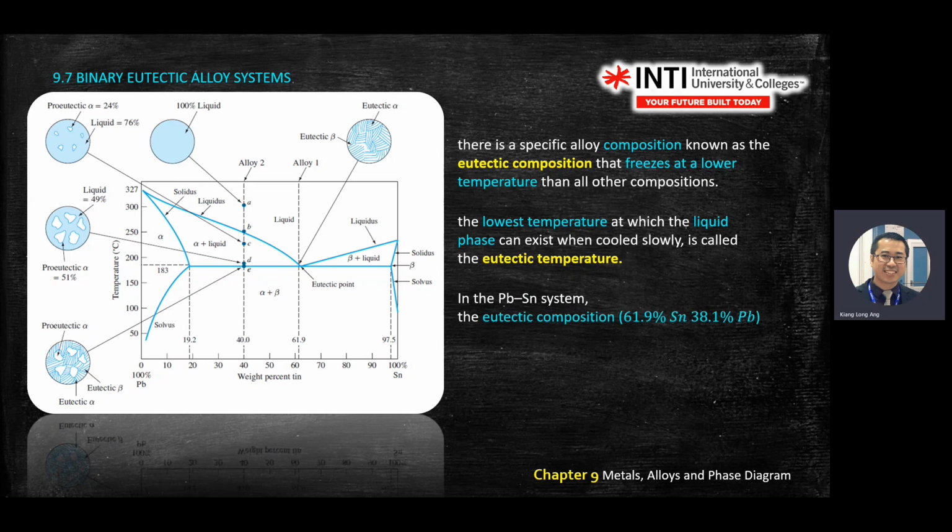Okay. So on this graph, the Pb-Sn system, where is the eutectic composition? Again, what is eutectic? It is the lowest temperature you can go when there is still a liquid phase. So at this phase, you drop down, there's a point there.